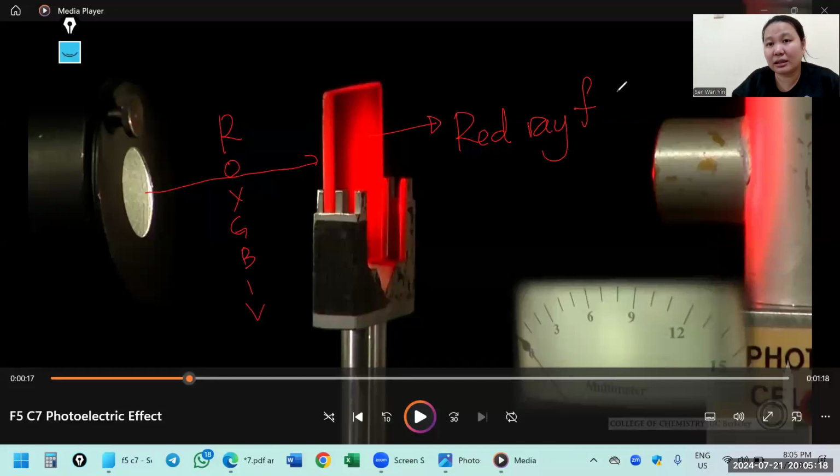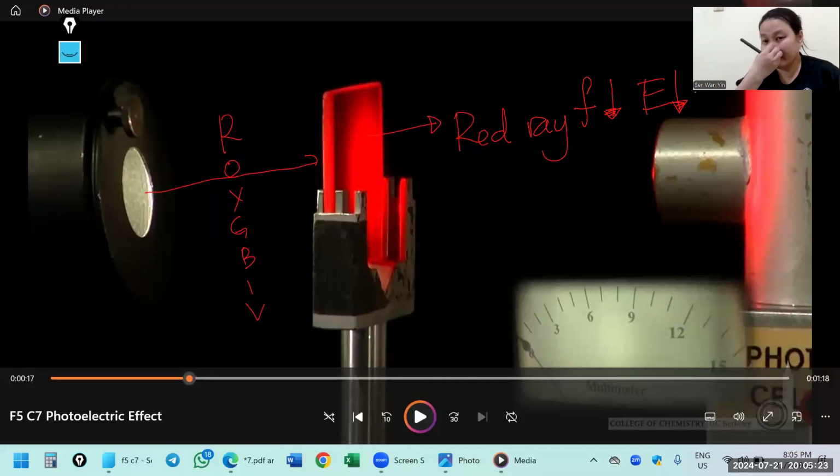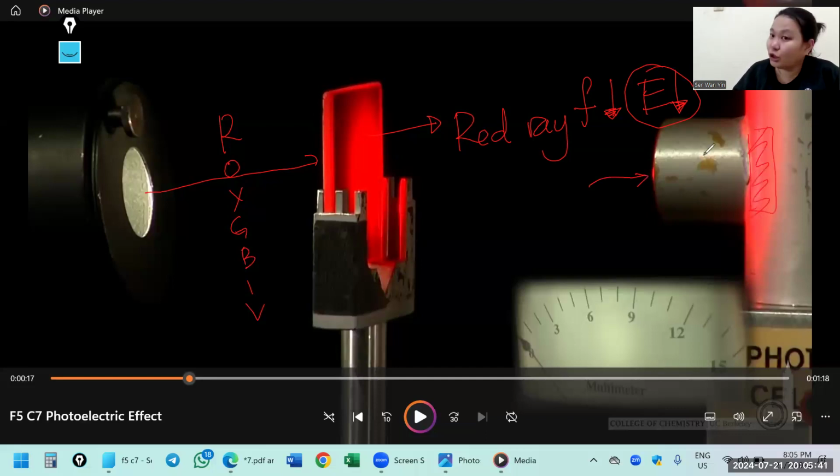Red ray has the lowest frequency, means the photon energy, the light energy will be the lowest. So when it shines inside the metal surface, not enough energy for electron to break the bond and escape out. So that's why you can see current here is 0. No electron comes out.